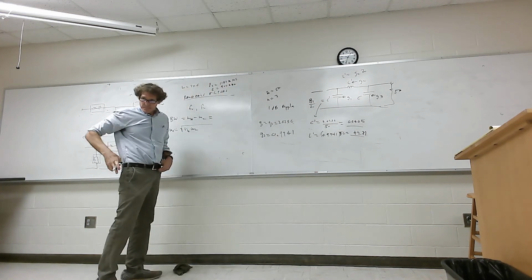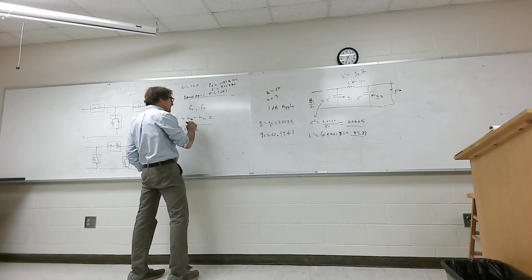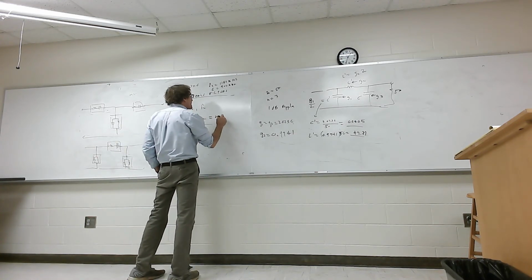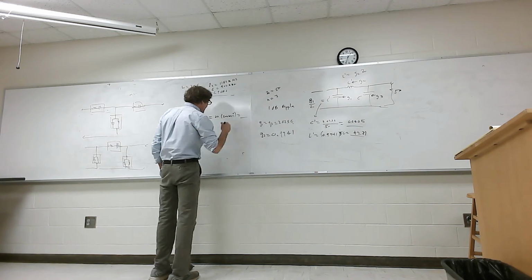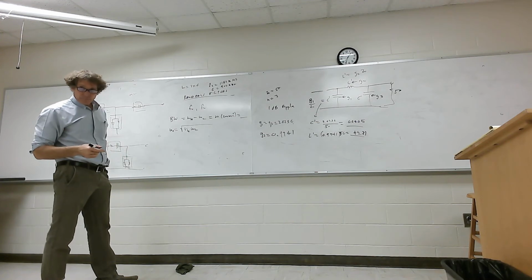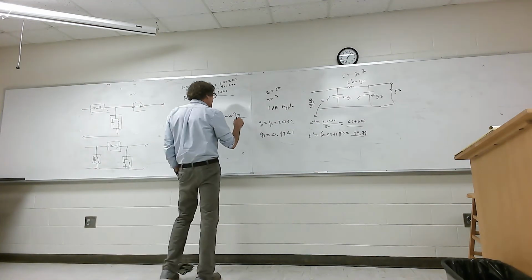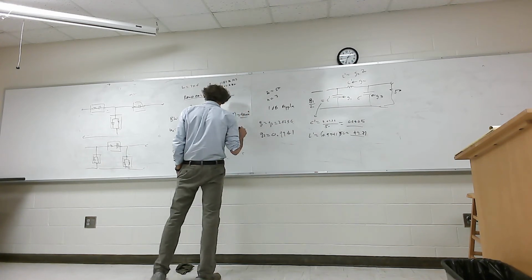Is that right? Okay. So the bandwidth is going to be 2 pi times 200 times 10 to the 6 hertz. So it's 4 pi times 10 to the 8th radians per second.